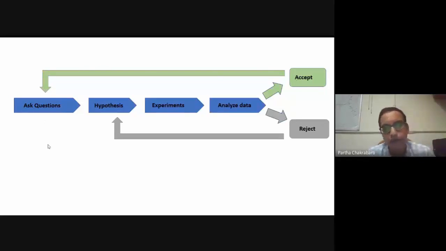So when you know that corona is transmitted by droplet infection, for example, the next question could be, what would be the methods to stop droplet infection? But if your data suggests against your hypothesis, then you reject it, and again you build up a new hypothesis. And that's how science progresses over time.